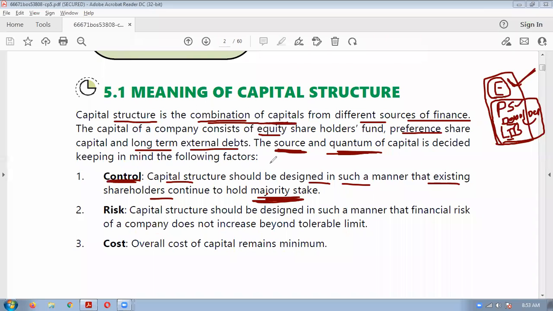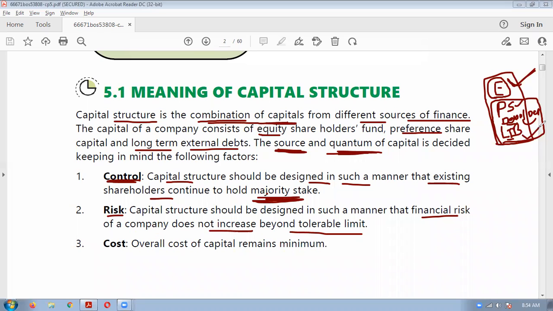Another thing which the company has to consider is the risk. The capital structure should be designed in such a manner that the financial risk of the company does not increase beyond a tolerable limit. If debt to capital is more, then risk will be there because repayment should be done regularly.